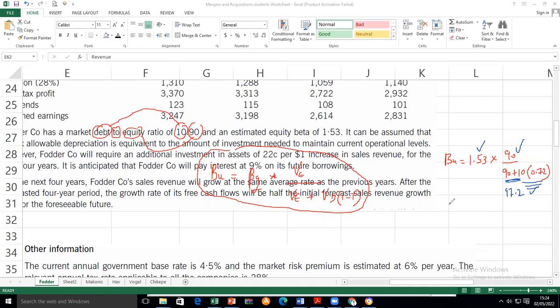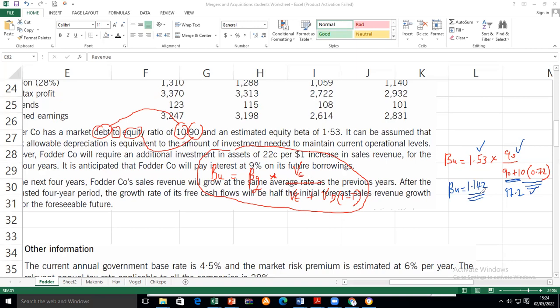1.142. Come again? 1.42. Are we all happy with that?